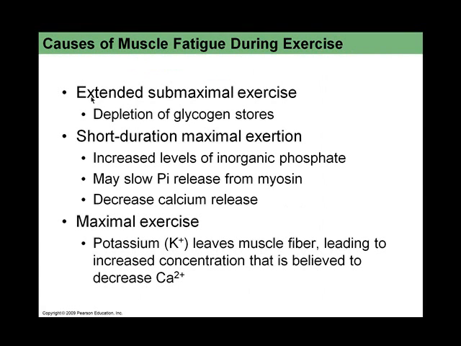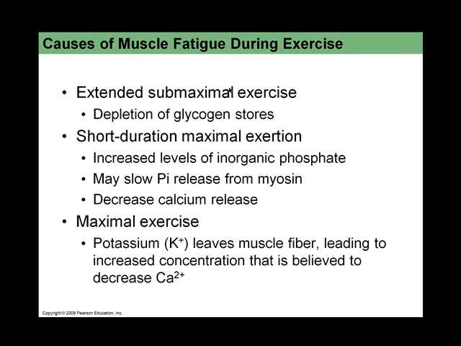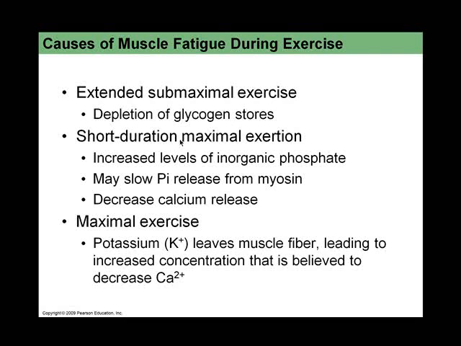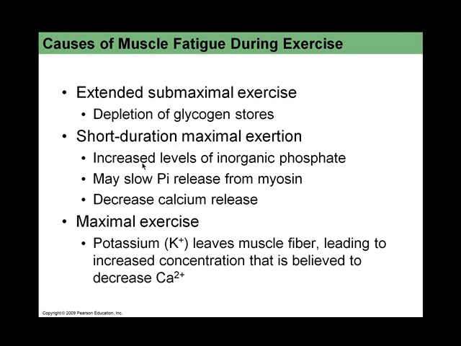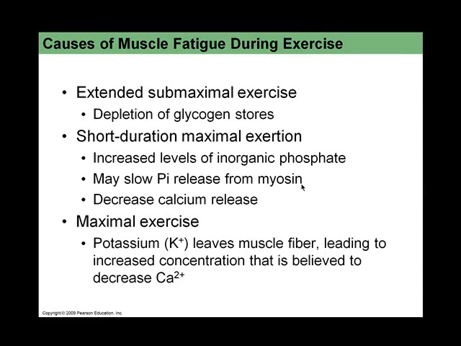So these causes, then, we consider them during extended submaximal exercise with the depletion of the glycogen stores. The short duration maximal exertion will be related to increased levels of inorganic phosphate, and it may slow the Pi release from the myosin. Remember, all these events of binding are concentration dependent.